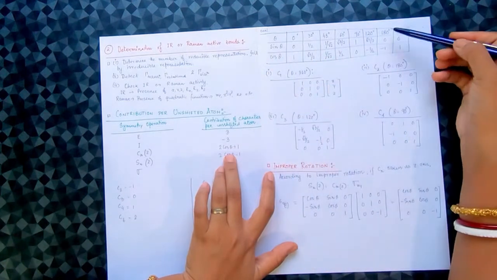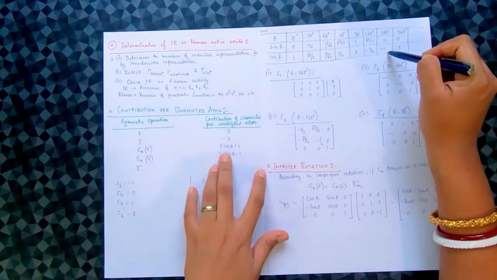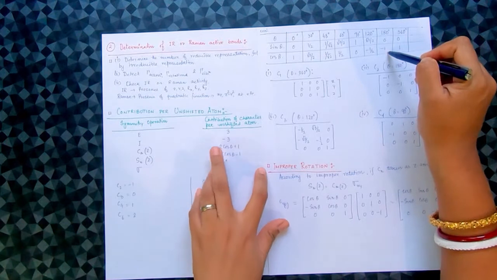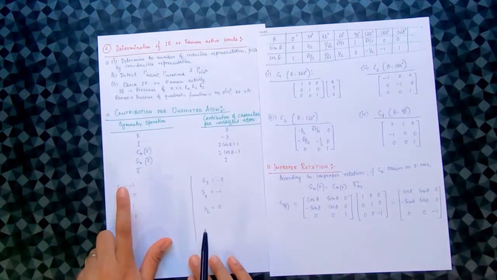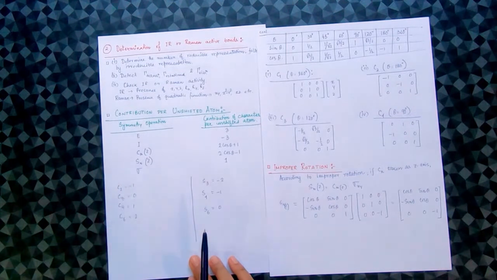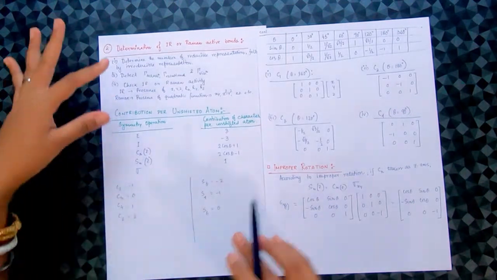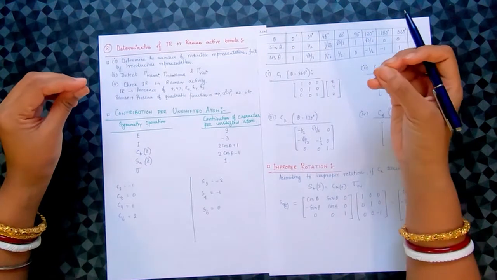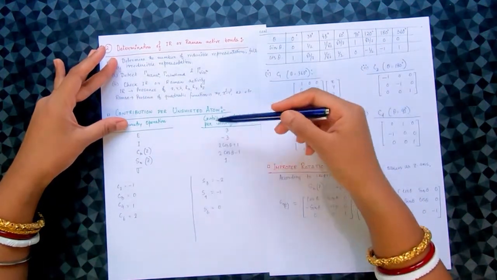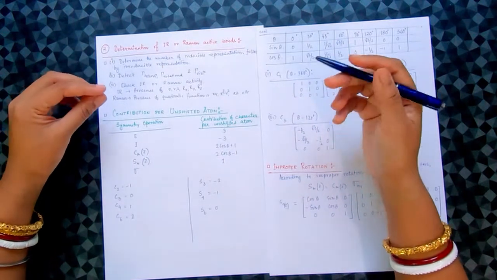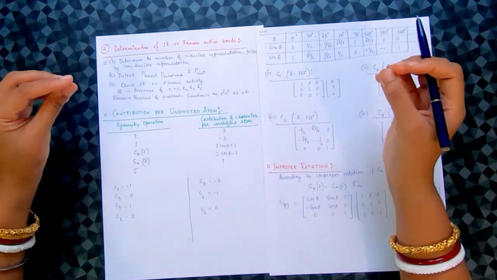So cos 180 degrees is -1. Just put -1 here, -2 plus 1 is -1. So the value is -1 for C2. Okay, so in this way, when we know the value of theta, we can always determine the contribution of character per unshifted atom.